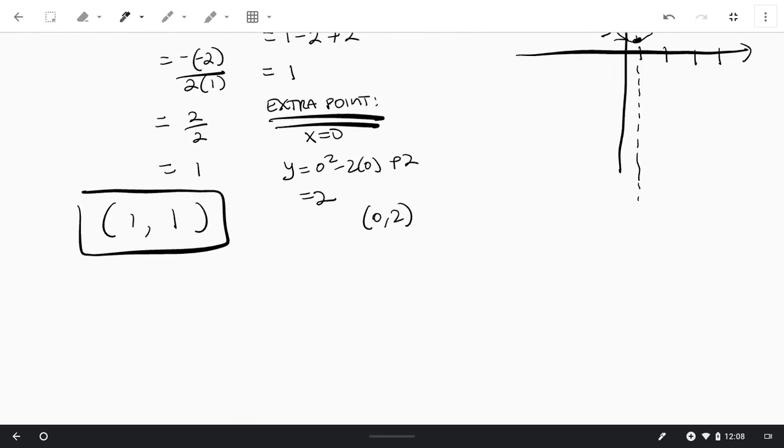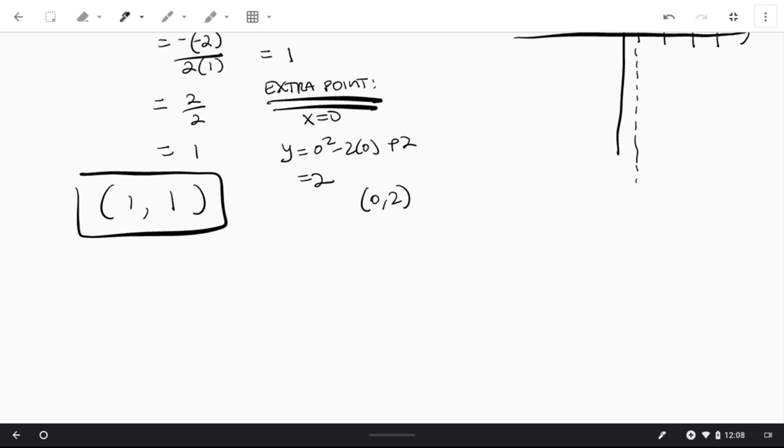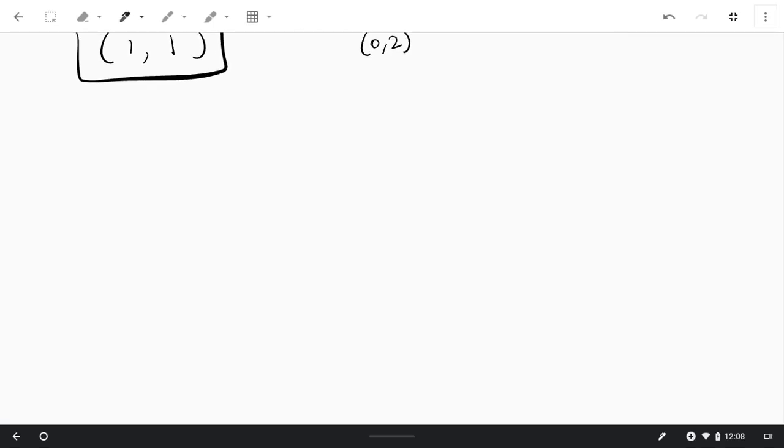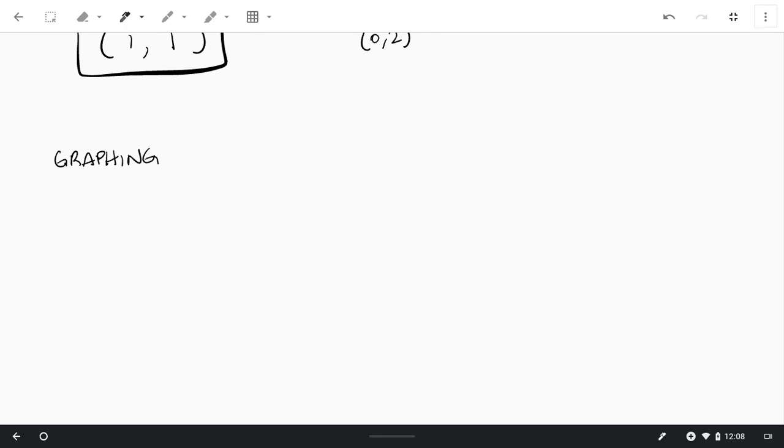Okay, let's take a look at graphing the other kind of form, vertex form or standard form. Depending on which book you use, it calls it standard form or vertex form.